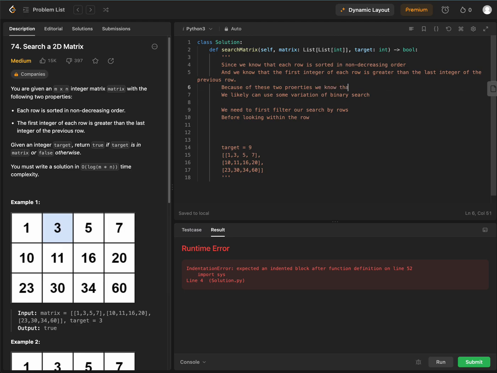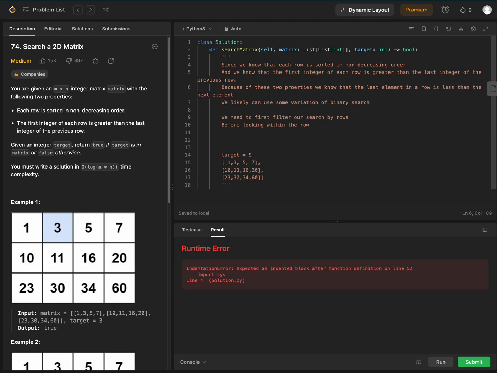We know that the last element in a row is less than the first element of the next row. So the main question now is to filter our search by rows.